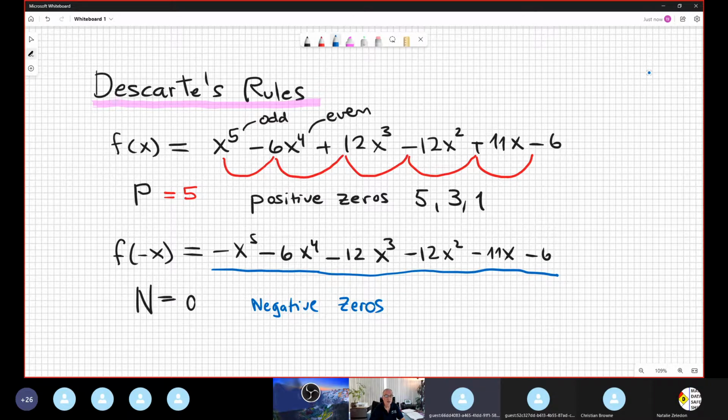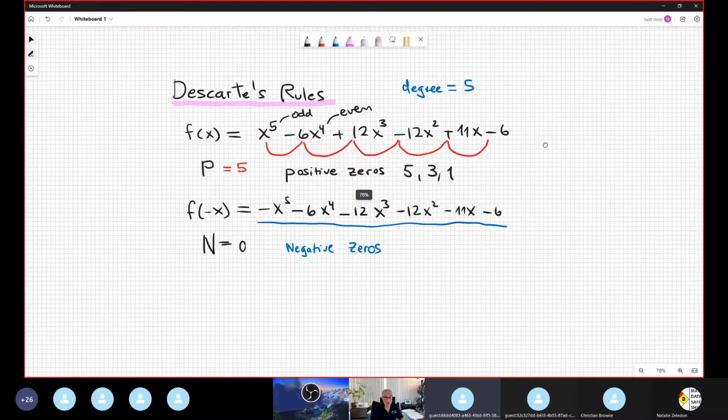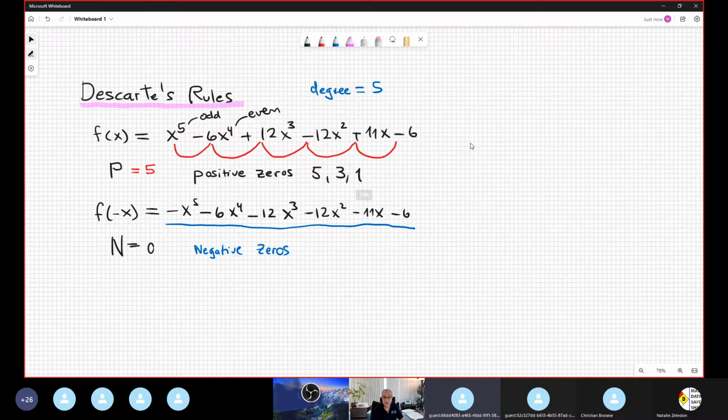However, I know that the degree of this polynomial is 5, and we expect 5 zeros. Entonces now, to understand this situation a little better, I propose we conclude with a table.